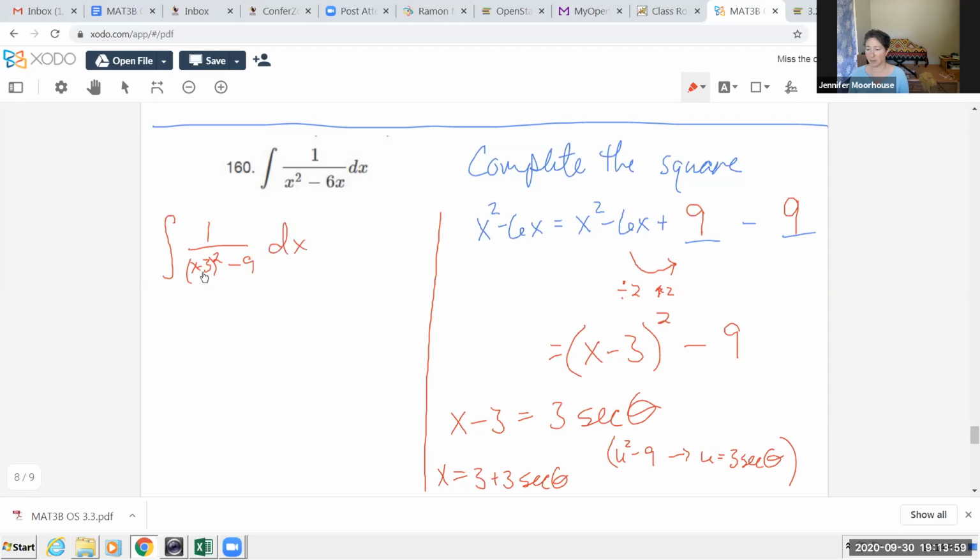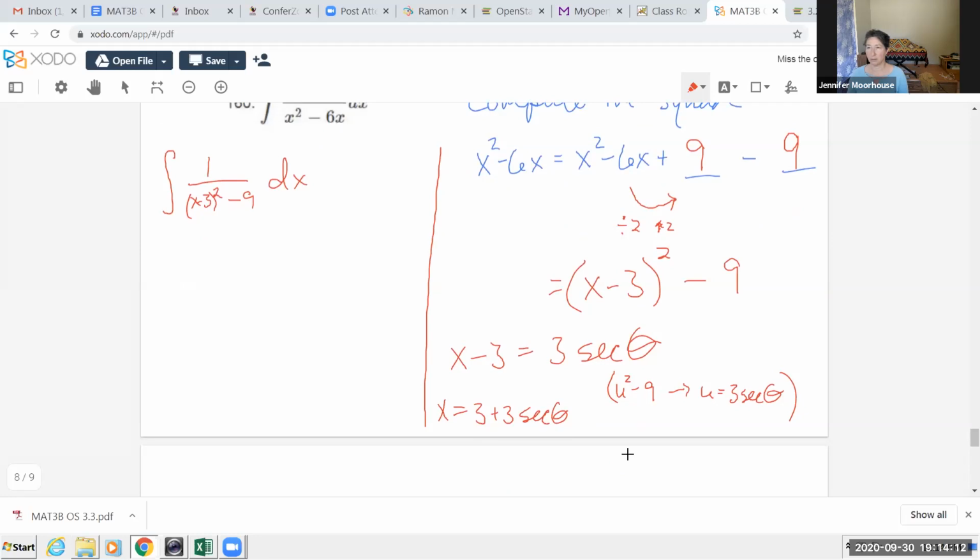And then we make the substitution, x equals 3 plus 3 secant theta. So dx becomes 3 secant theta tan theta d theta. And this x minus 3 squared minus 9 becomes 9 tangent squared.